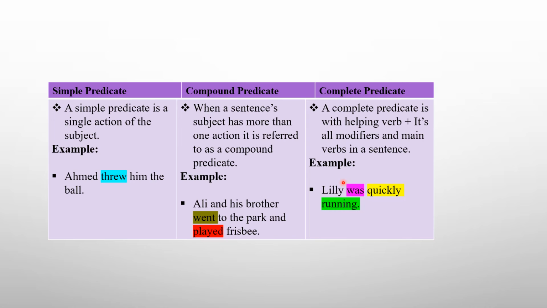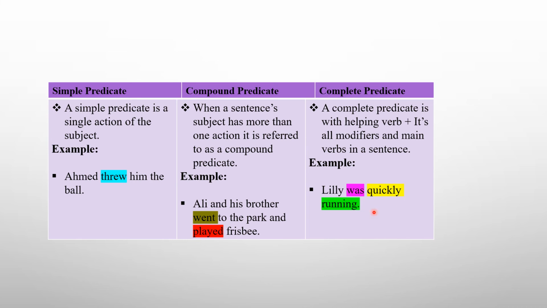Now what is the complete predicate? A complete predicate is the helping verb, all modifiers and main verbs in a sentence. In the predicate part, modifiers will be adverbs. In the subject part, modifiers are the adjectives, and in the predicate part, modifiers will be the adverbs. So let's look at the example.